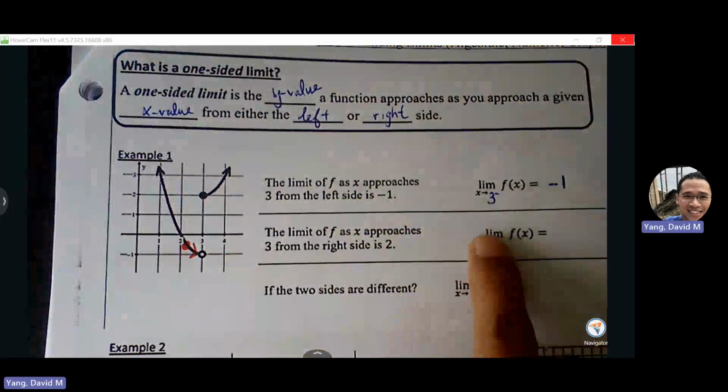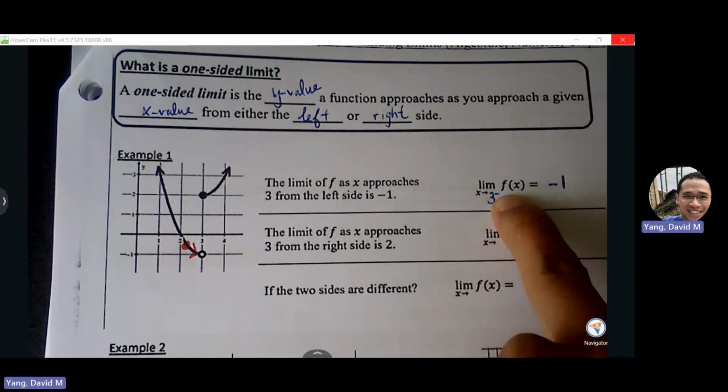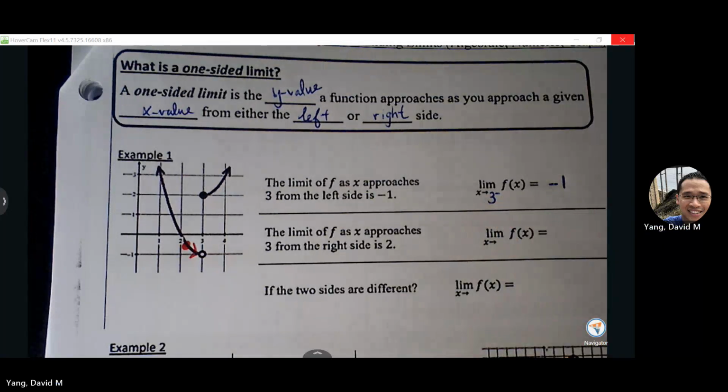This is the way that you would write it. x approaches 3, and that minus sign means I'm approaching 3 from the left side of 3. So I'm starting at 2.1, 2.2, 2.3, and then headed towards 3.